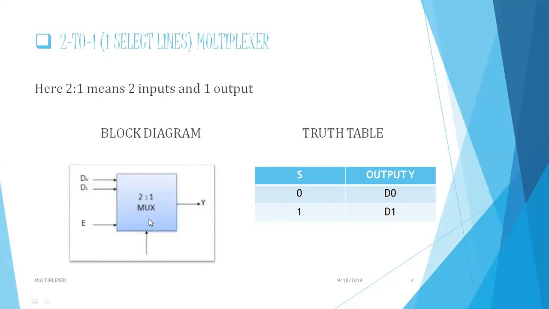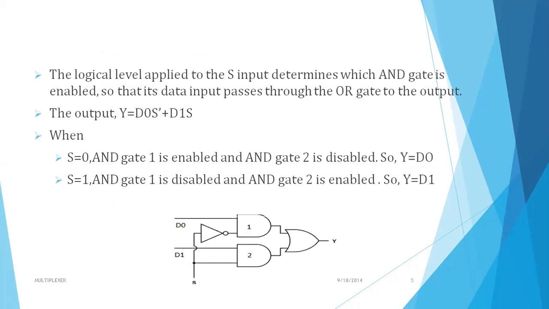This is the 2 to 1 multiplexer block diagram and this is the truth table. Here, the logic diagram, that is the block diagram of the 2 to 1 multiplexer, has only two inputs, D0 and D1, and one selection line. The selection values are either 1 or 0.